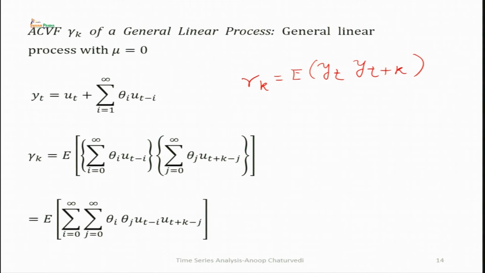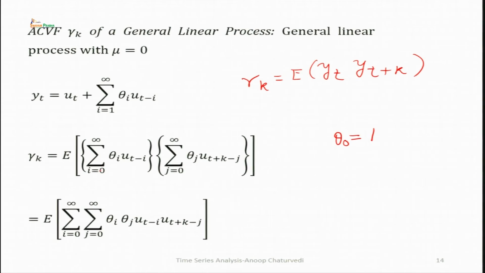Then we substitute y t equal to summation i equal to 0 to infinity theta i u t minus i, and y t plus k equal to summation j equal to 0 to infinity theta j u t plus k minus j. And remember that we have taken theta naught equal to 1.